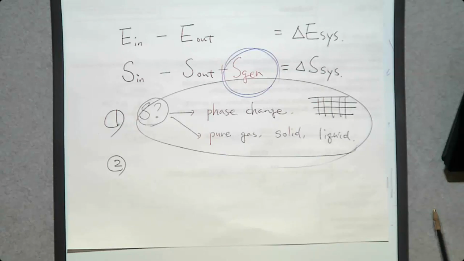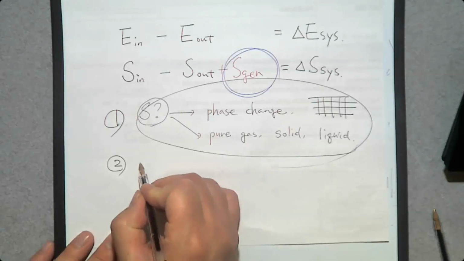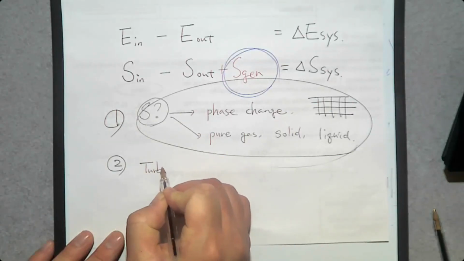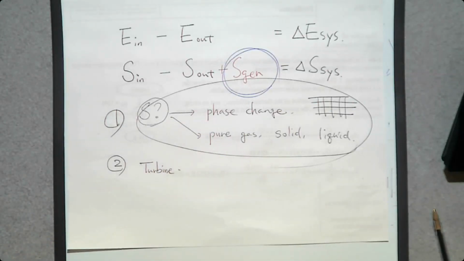Then, when you design a turbine, let's say you want to design a turbine, the best turbine is going to be when entropy remains constant. But in reality, entropy cannot remain constant.